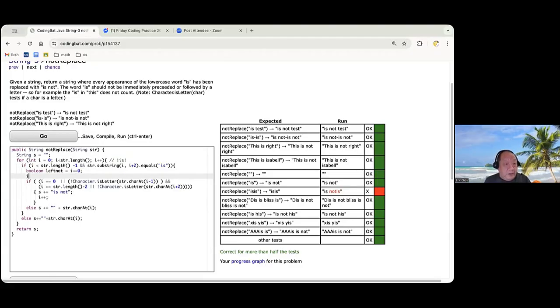And then if I not equal 0 and not a character that is a letter, str.charAt(I minus 1), then the left side not is actually true.